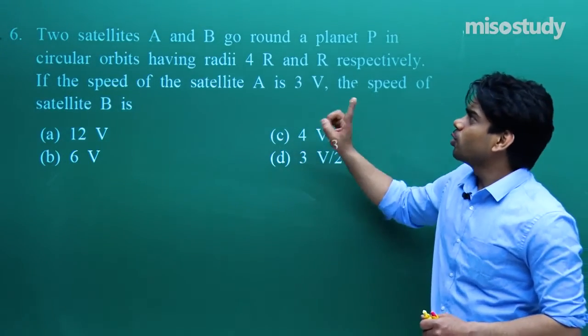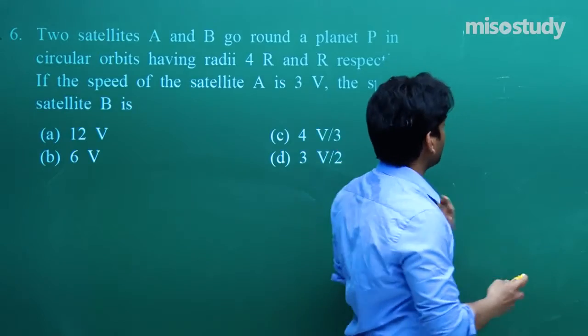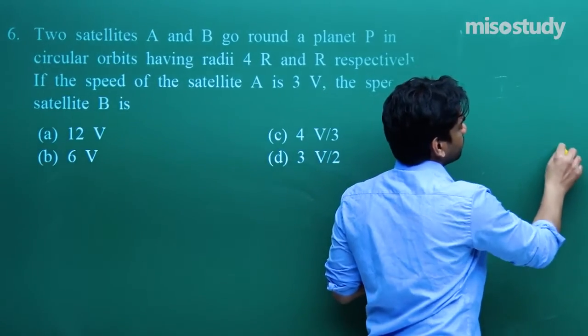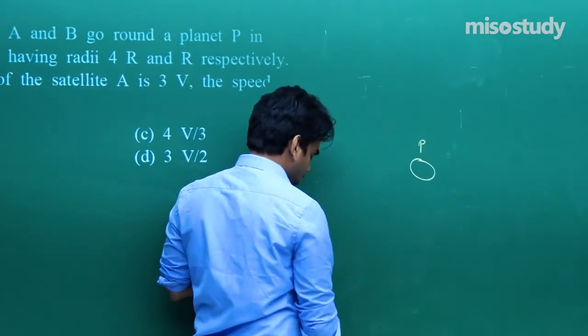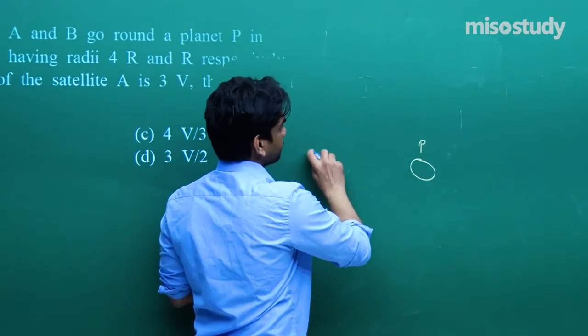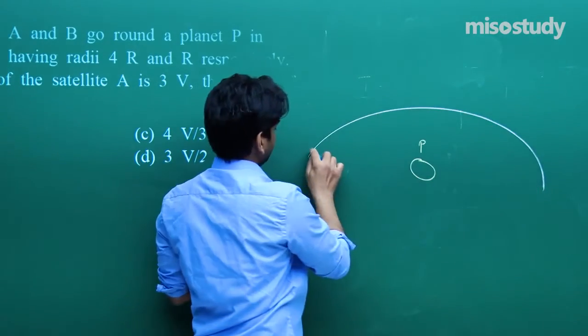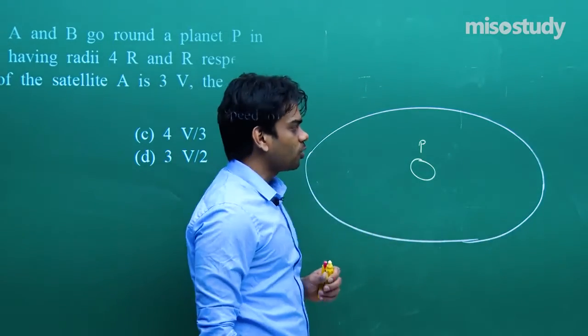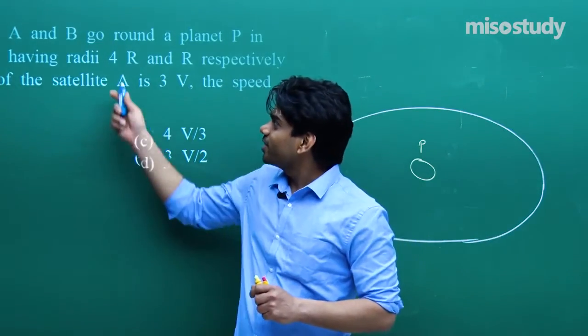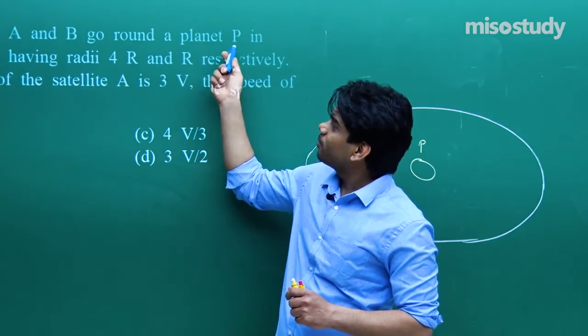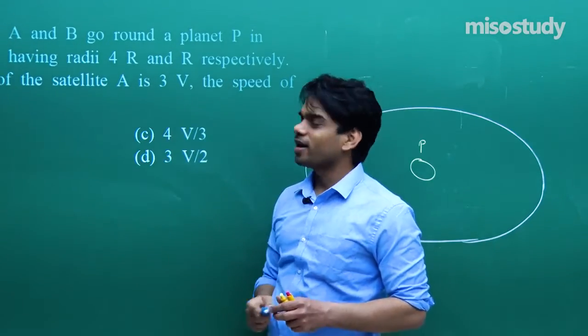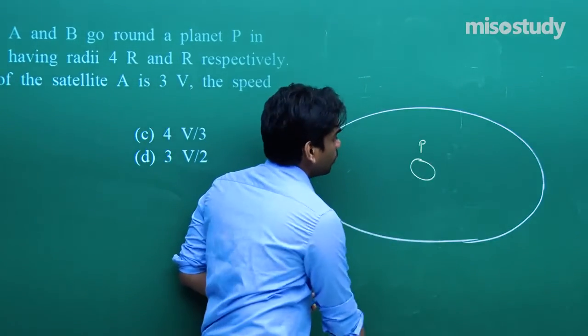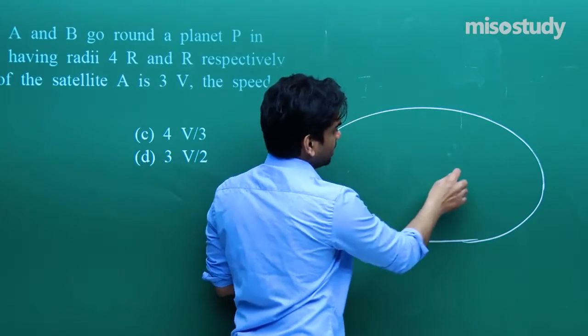Two satellites A and B go around a planet P. So let me show you, if this is the planet P, two satellites are revolving all around it, in circular orbits having radii 4r and r. So let me show you that planet P is somewhere here.